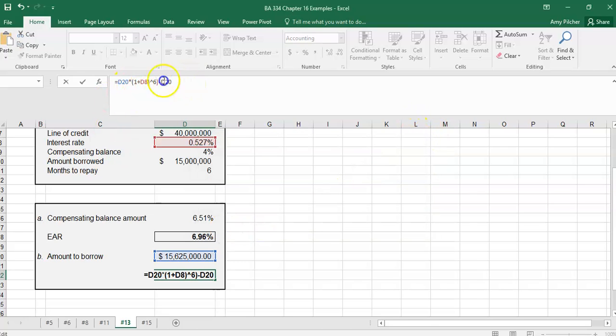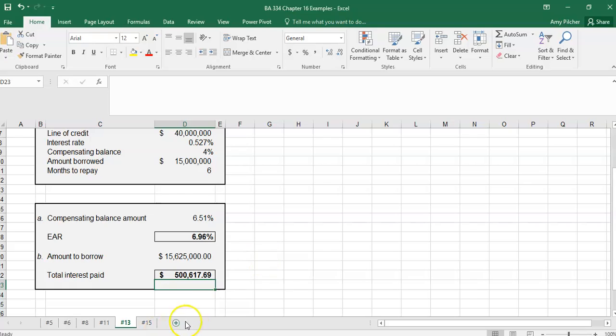Maybe if I just retype it, equals the amount that we borrow, parentheses, that's what I was missing, times 1 plus the interest rate to the power of 6 minus the amount that we borrow. There we go. So the total interest paid on this $15.6 million loan is $500,617.69.